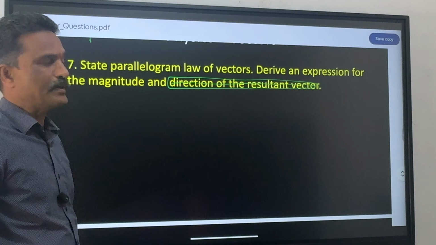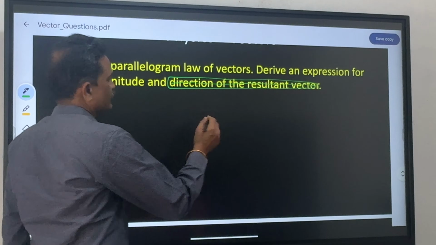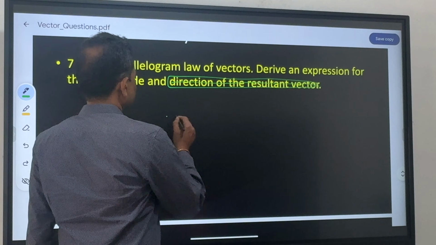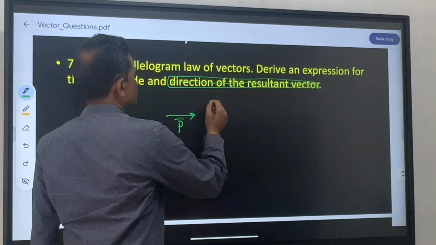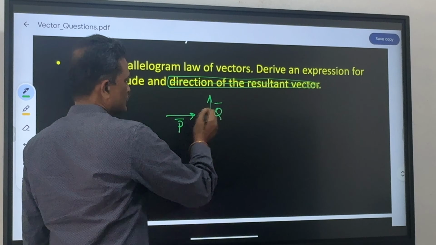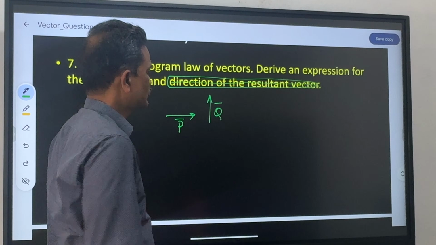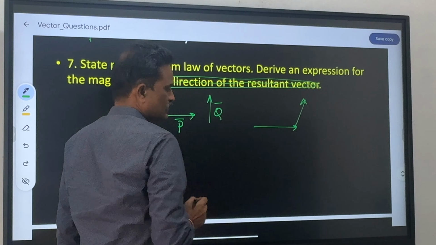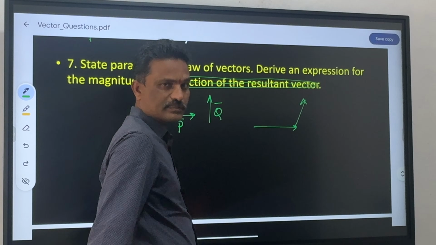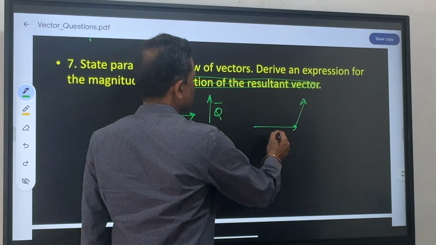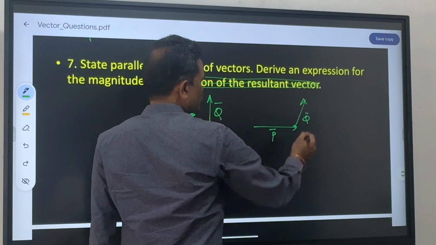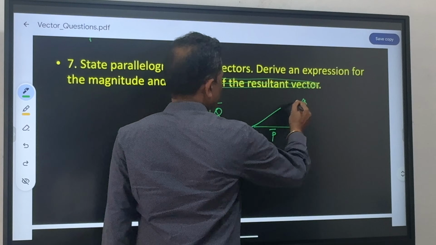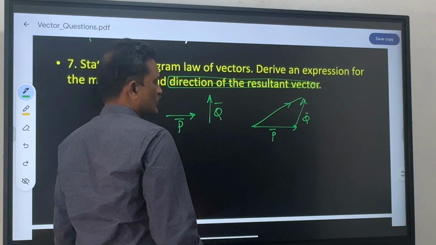So what do you mean by a parallelogram law of vector? It is a law related to the addition of two vectors. Let us say two vectors. This is p and this is q. That is vector p and vector q. If two vectors are represented in magnitude and direction by the two adjacent sides of a parallelogram, then their resultant is represented by the diagonal r.